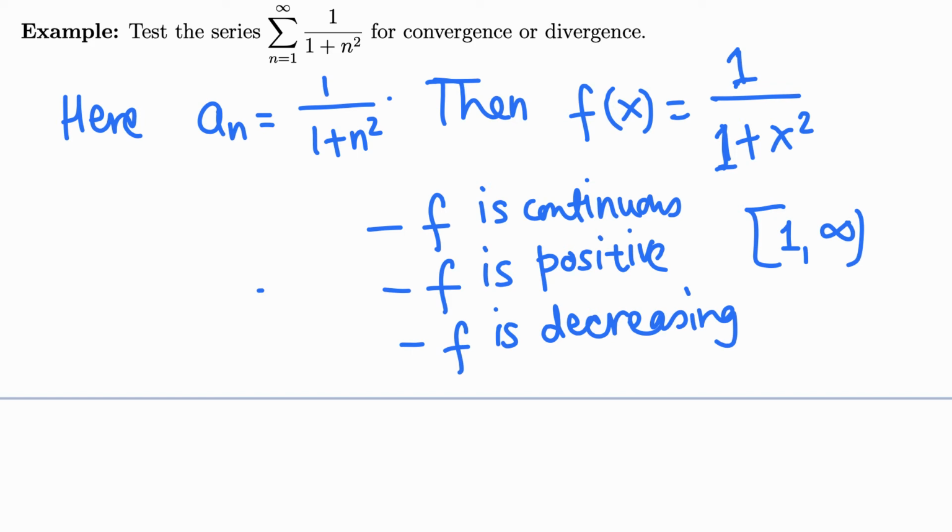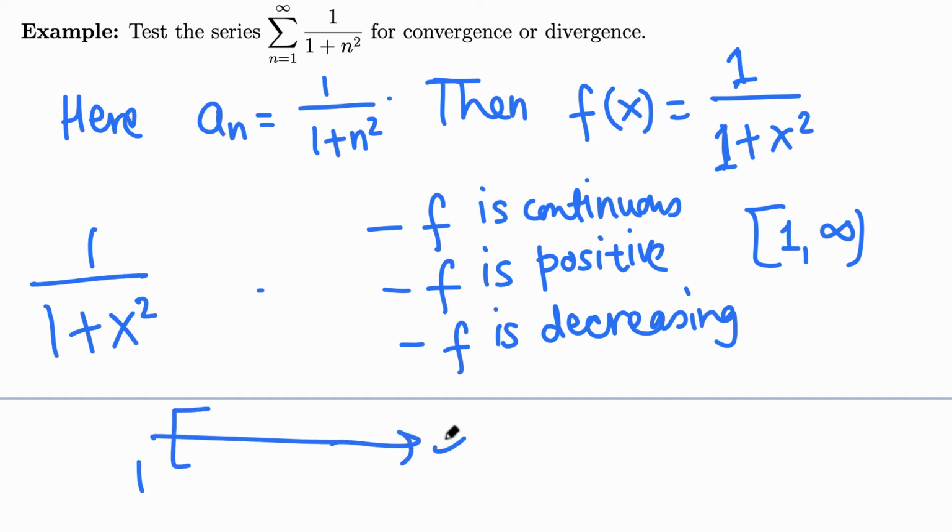Or just think about the function. So 1 over 1 plus x squared, because the x is getting bigger and bigger. When x gets bigger and bigger, because we are looking from 1 all the way to infinity, that square is even bigger, plus 1 is bigger, and 1 over bigger means the fraction itself is smaller.